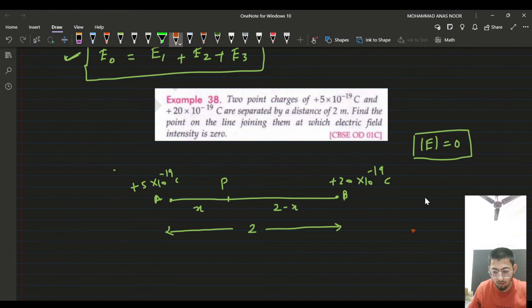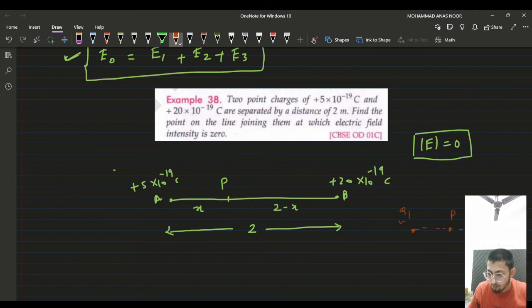This is the line that joins the two charges. This is Q1. So this point is P, suppose, and there would be two electric fields at this point. One would be due to Q1, one would be due to Q2.